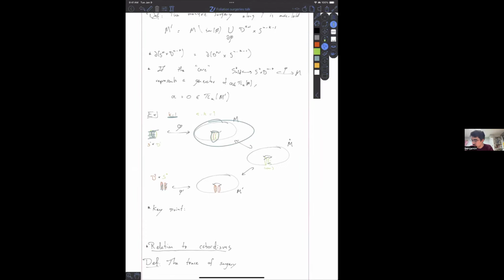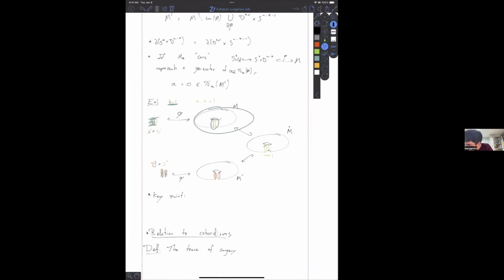So you do this and you get this new manifold, which in this case is S2. And the key point for our purposes is we have here this open region, I'll call it M minus the circle, contained in both of them. So it's both in M and M prime. Hold on to that fact.